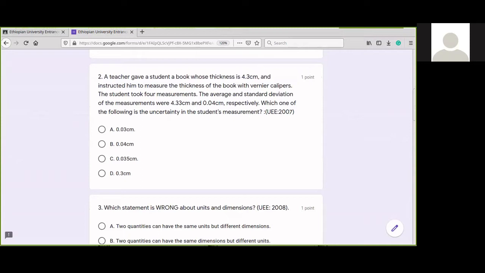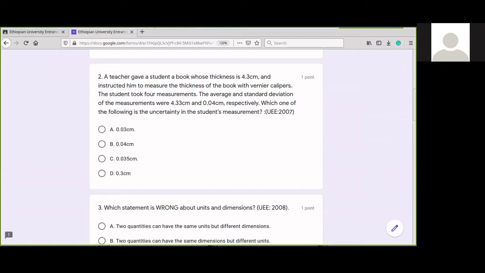0.04. Why 0.04? What is the deviation, the standard deviation from the average? The average and the standard deviation of the measurements were given. So you said that the standard deviation is the uncertainty?